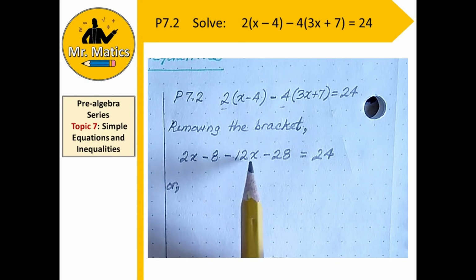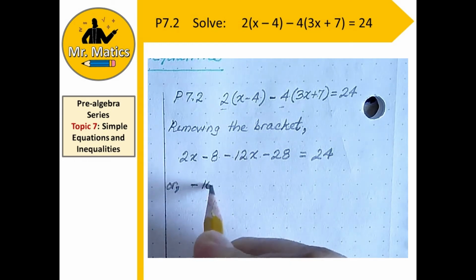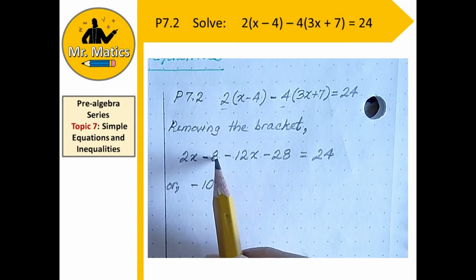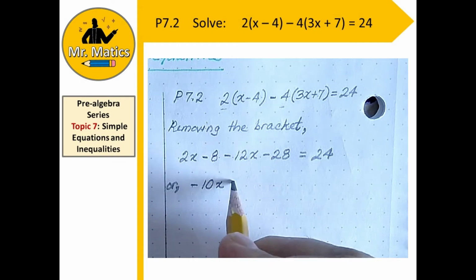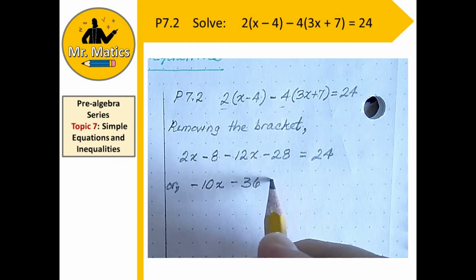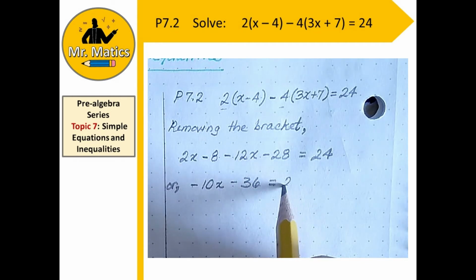2x and minus 12x becomes minus 10x. And minus 8 and minus 28 become minus 36, equals 24.